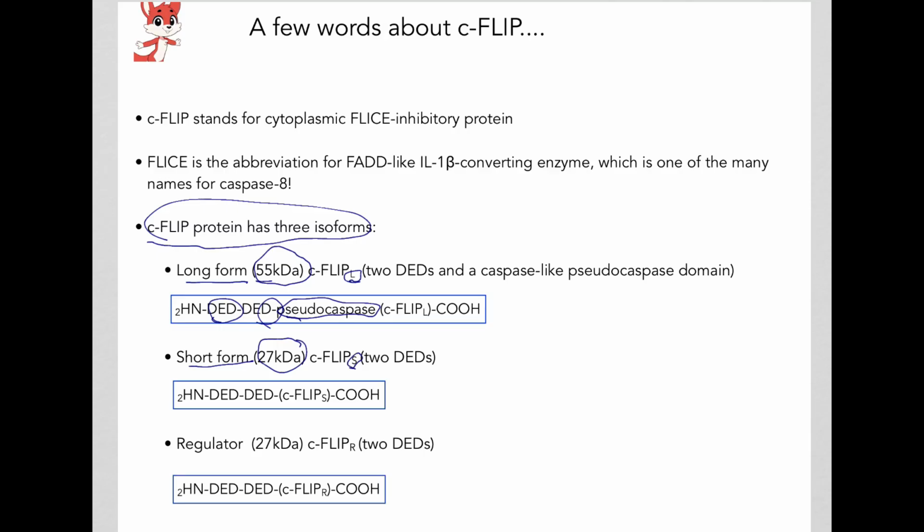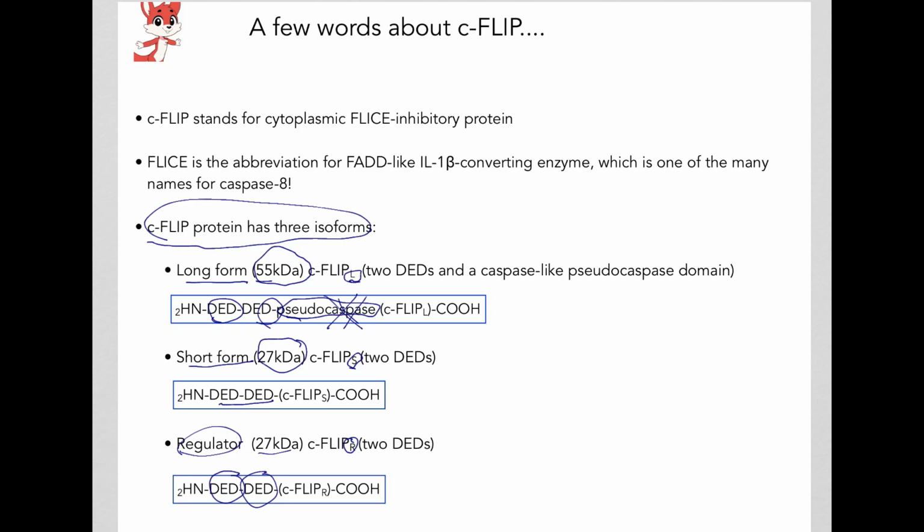So this is the short isoform. It has the 2 DD domains, but it doesn't have the caspase domain. And then there's a regulator isoform, about 27,000 molecular weight, with the R here. This too has 2 DD domains without the pseudocaspase domain.